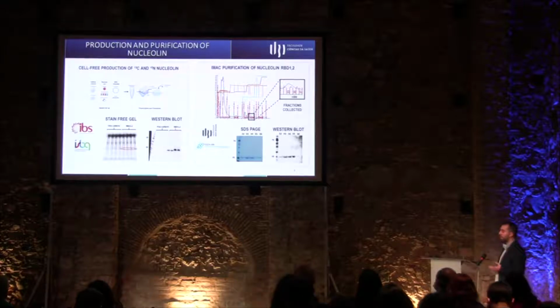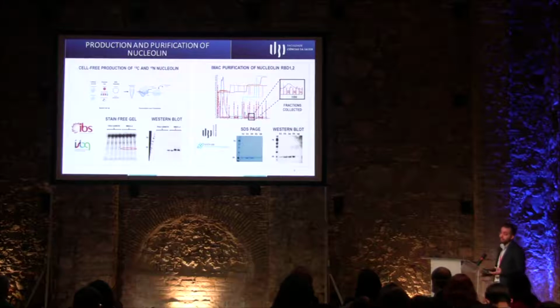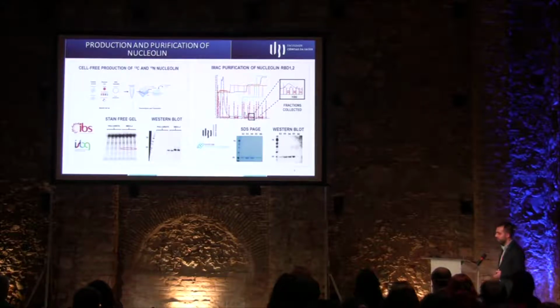Taking this into account, they tried to express domains 1 and 2. They were successful, and these two domains were previously described as RNA binding domains, so we continued with these two domains. The purification of the protein was performed by us using an IMAC strategy, and in the end we have a solution of protein with high purity.